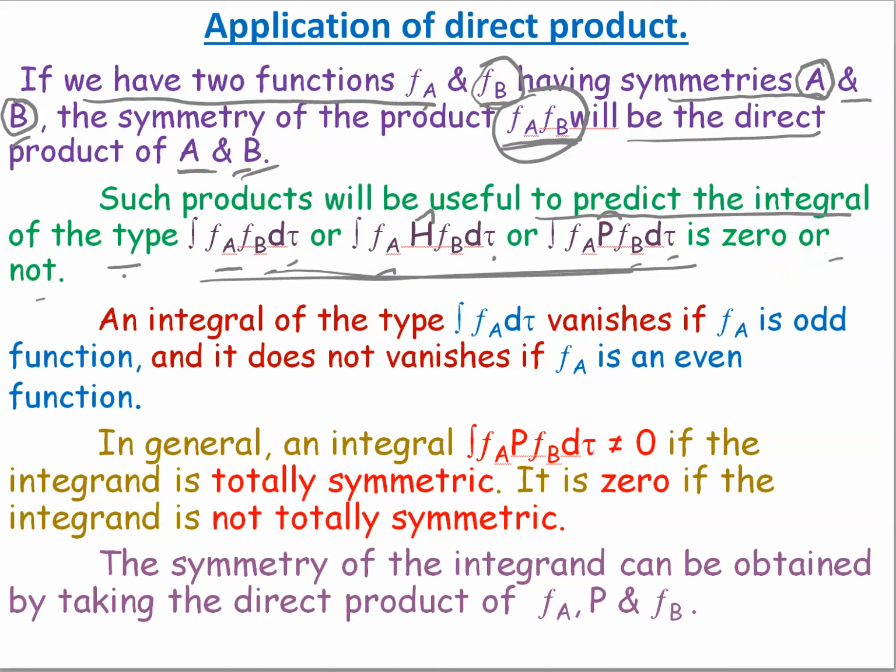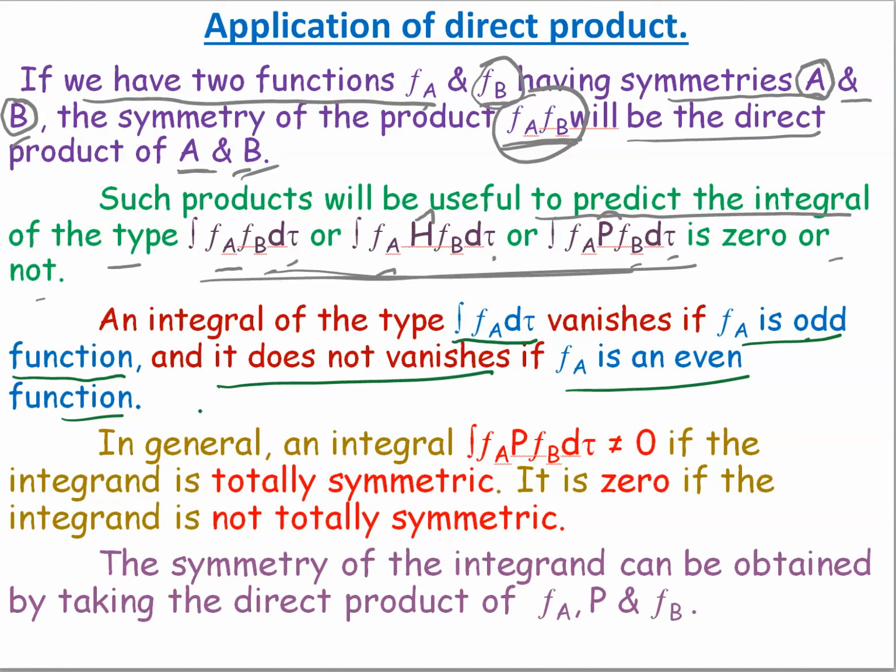Before that, we know in mathematics that the integral fa d tau vanishes if fa is an odd function. I think you might have studied this in quantum mechanics. That is, the integral fa d tau will vanish, or become 0, when fa is an odd function, and it does not vanish if fa is an even function. Okay, that you have to keep in mind.